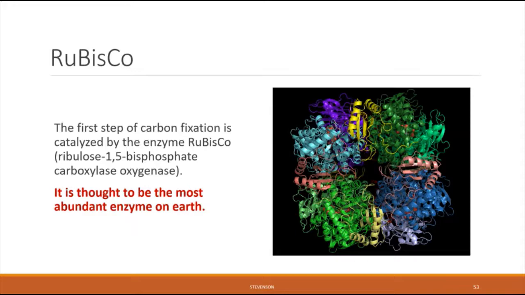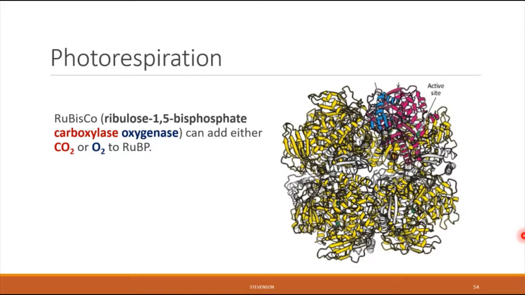The reason why Rubisco is so inefficient and so bad at its job is because it actually technically has 2 jobs. The full name of Rubisco, as we saw before, was ribulose 1,5-bisphosphate carboxylase oxygenase. Now, ribulose 1,5-bisphosphate, that's the molecule RuBP. That is the molecule seen in the Calvin cycle that CO2 gets attached to in the first step of carbon fixation.